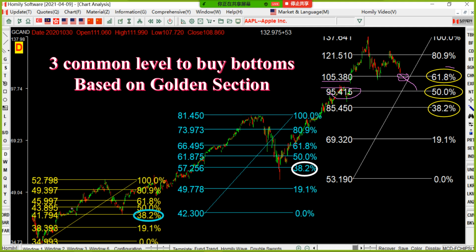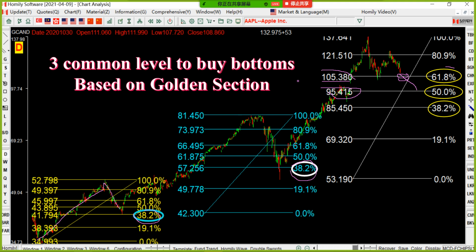According to the last two times, you see, it retraced up to 38.2, and last time from early January to late March, it dropped all the way to 38.2%. So don't just focus on this level.